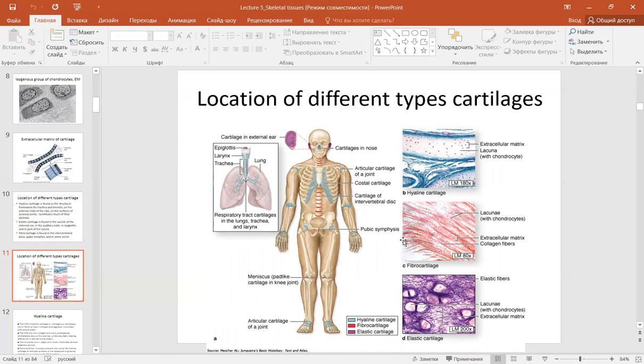The fibrocartilage is present in vertebral discs and in the symphysis pubis, and elastic cartilage is located within the external ear, auricula, and also in the epiglottis, and that's it.